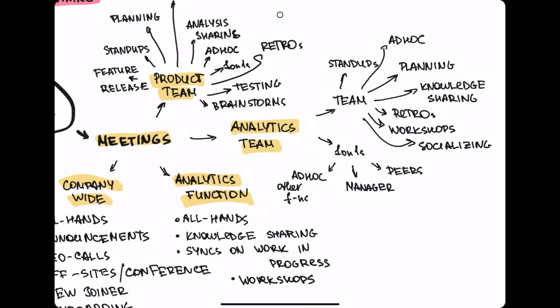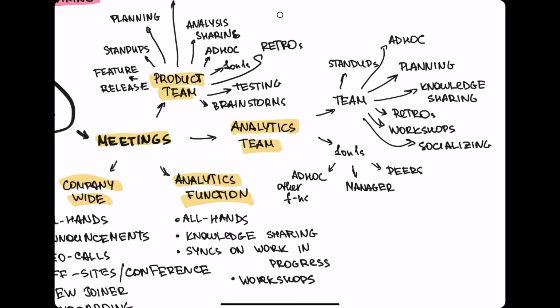There are planning meetings, backlog grooming, and knowledge sharing when you did some analysis and you want to share your results. There are workshops, if you need to learn a new tool, you ask your peers to help you out. There are retros, taking a look back and seeing what works and what doesn't work. And there are also ad hoc meetings, if the need appears.